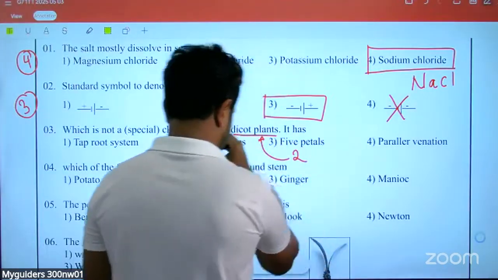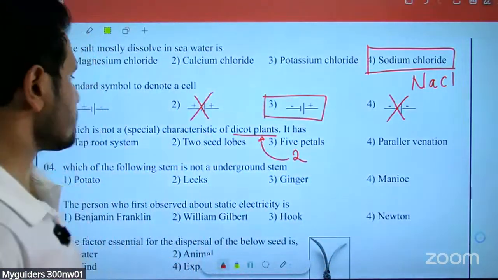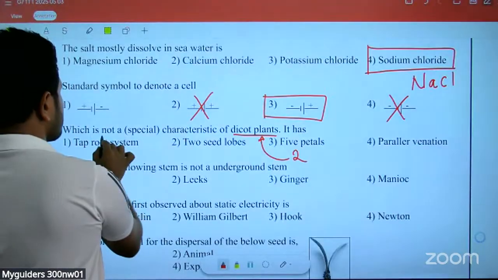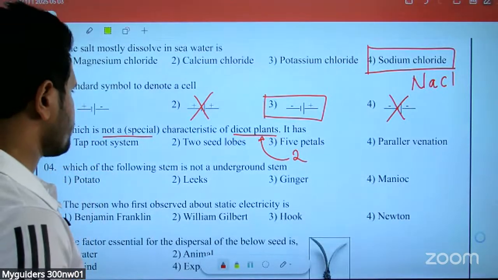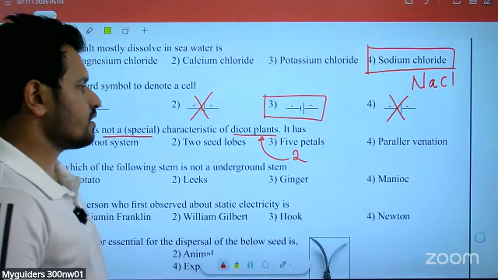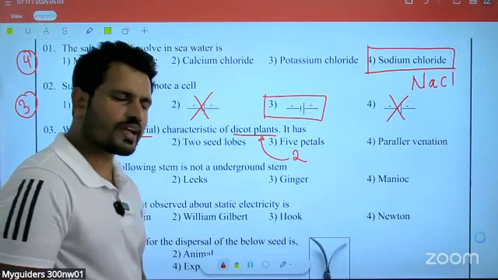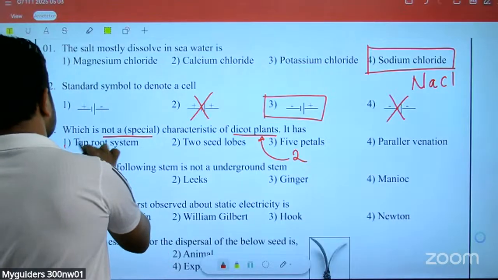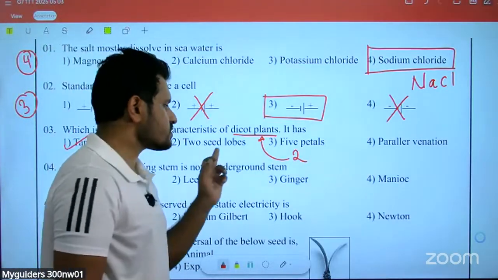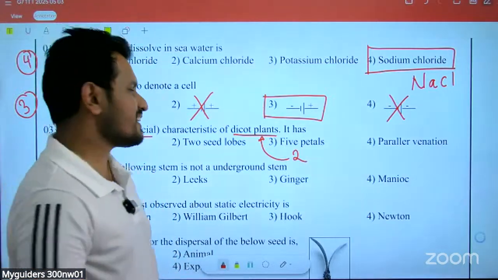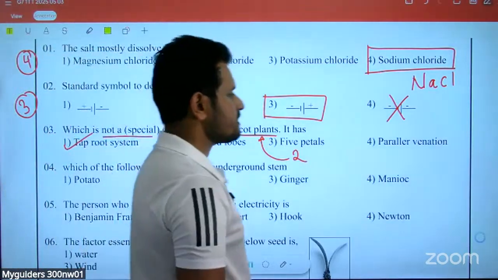Taproot system. In dicot plants, you can observe a taproot system. Yes, that's true. Two seed lobes. Definitely you can observe two seed lobes.